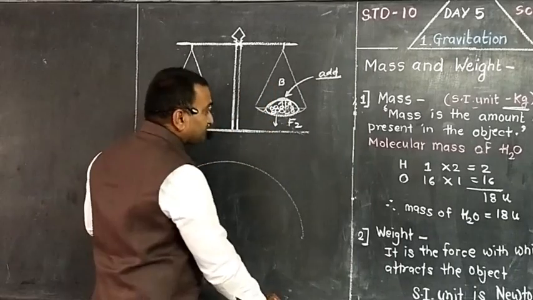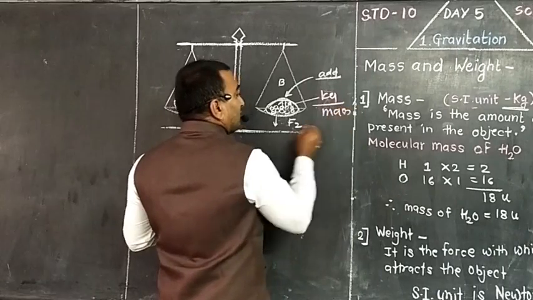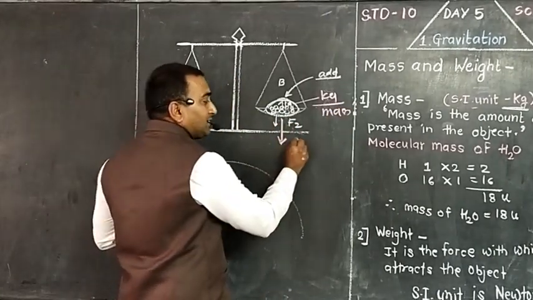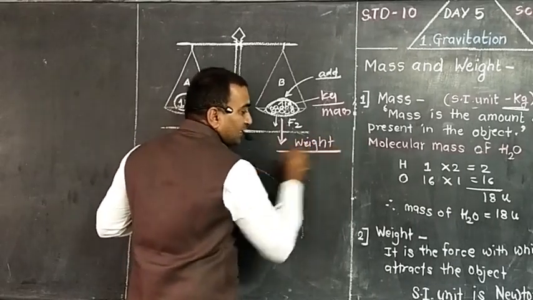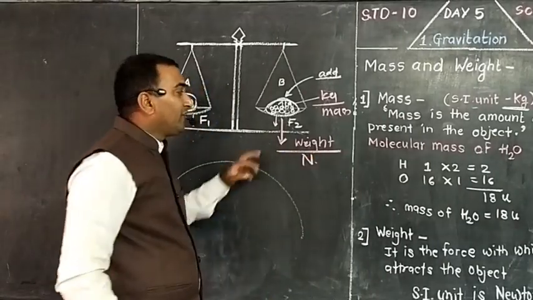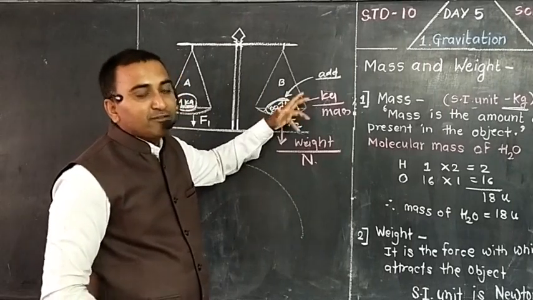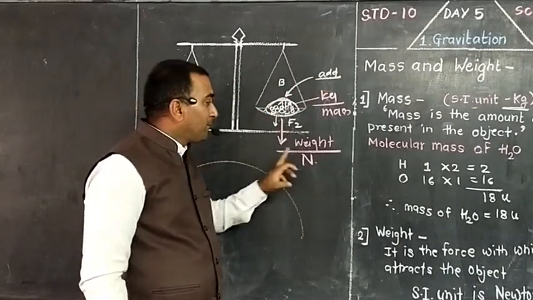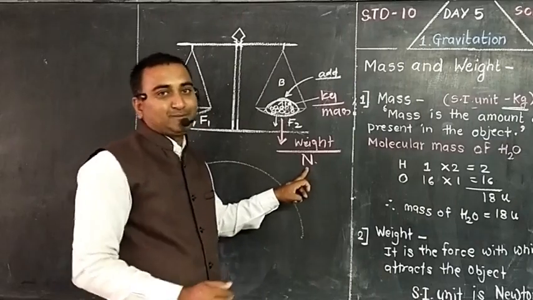Kilogram, that is kg, is the unit of mass, but the force with which Earth attracts the object, that is weight, and as it is a force, the SI unit of force is the Newton. But generally weight is measured in kilograms. Is it wrong or right? Definitely it is wrong. Actually, we are getting mass in kilograms by weighing, that is by maintaining equal force.